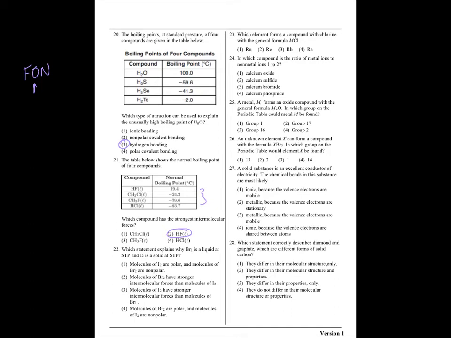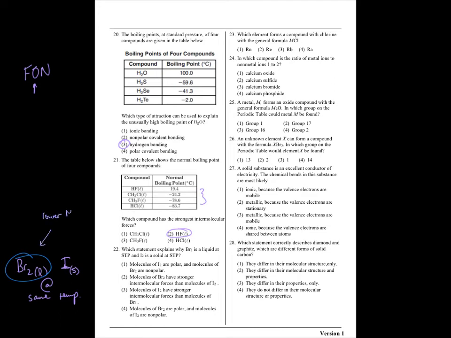All right, next. Which statement explains why Br2 is a liquid at STP and I2 is a solid at STP? So let's say, why is Br2 a liquid while I2 is a solid at the same temperature? That means which one melted already? This guy already melted. That means this one has a lower boiling point, a lower melting point.